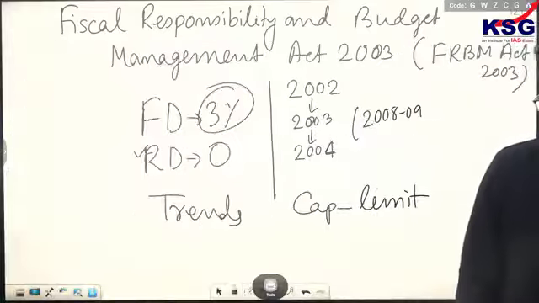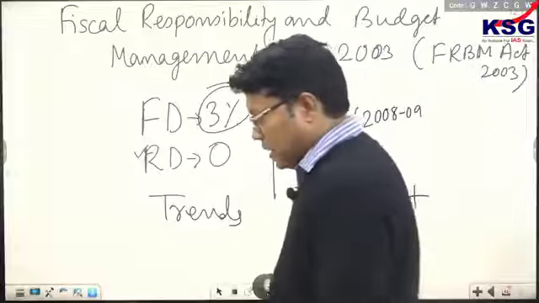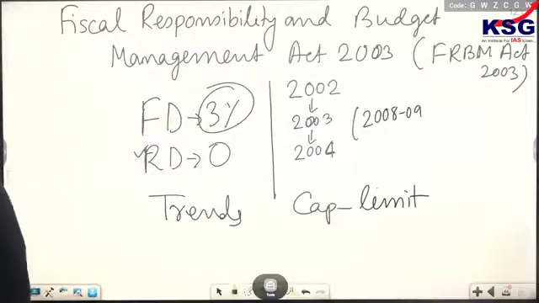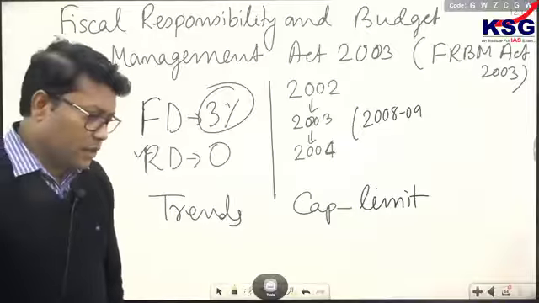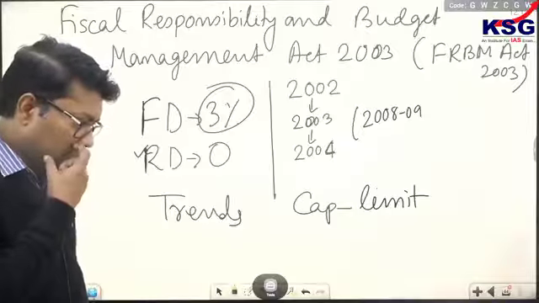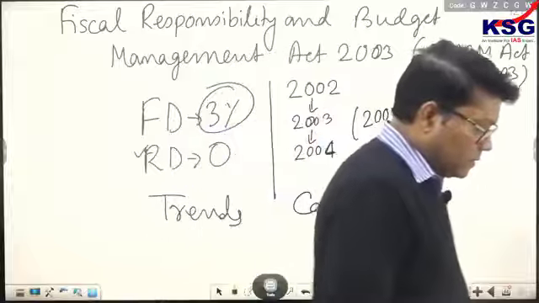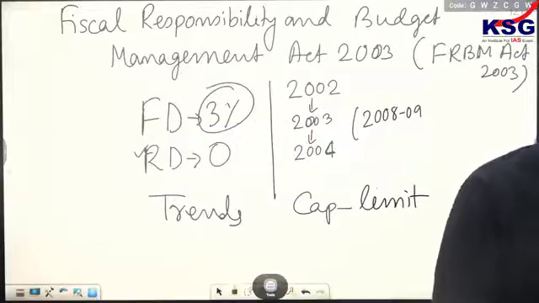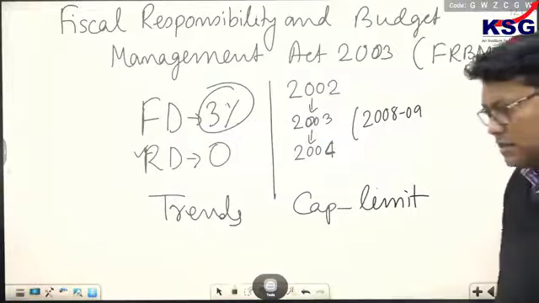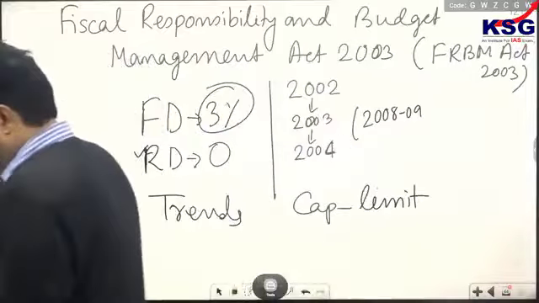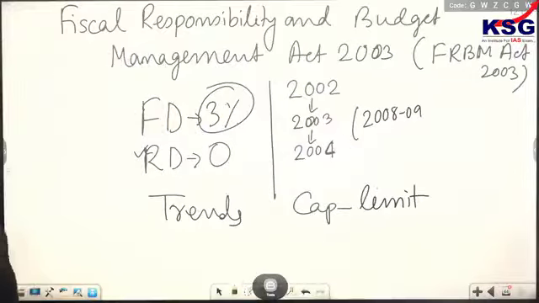The ruling government has to inform the parliament. And who is coming? Basically the finance minister. The government has to inform the parliament the reasons of deviations, and measures taken to correct it.